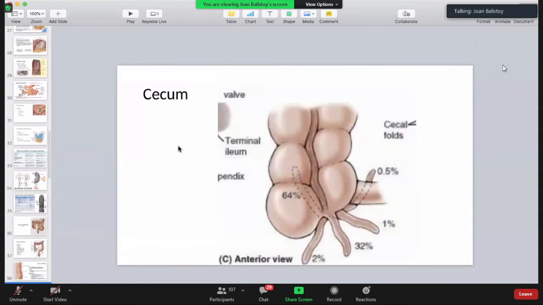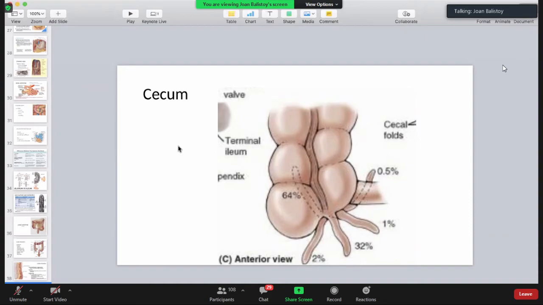So first, the cecum. Cecum is the first part of the large intestine. It's a blind intestinal pouch, approximately 7.5 centimeters long. It is in the right lower quadrant. And if this is distended with feces or gas, the cecum may be palpable through your anterolateral abdominal wall. Okay? Now, what is noticeable in the cecum?